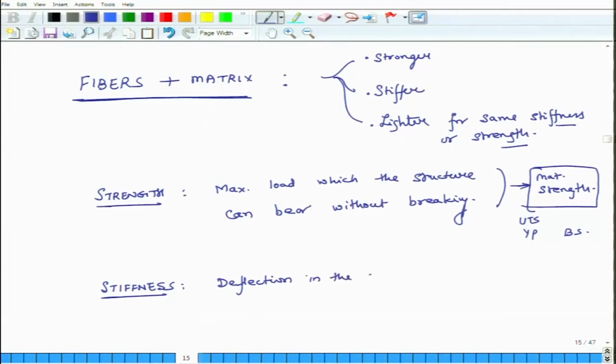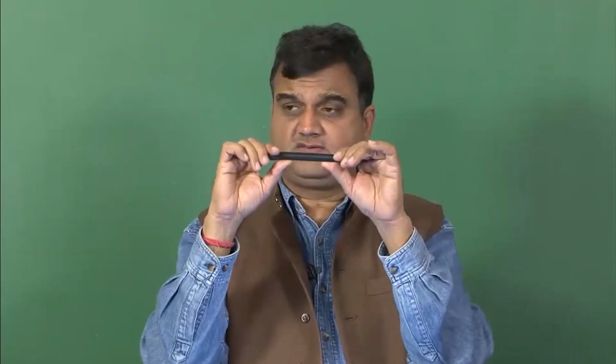in the structure per unit load. Okay. That is what stiffness is. So, what does that mean? Suppose this is a pen. If I keep on bending it, I apply some load here, at some load it will break.